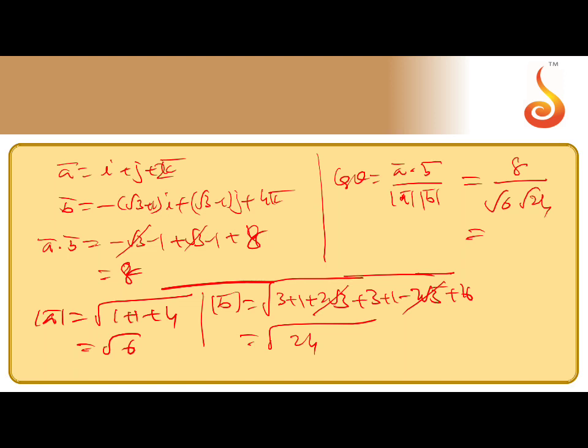Sorry, 1 minute. Here minus 2 plus 8, so this is 6, sorry. So this is 6 by this one. The root 6 also cancels. Root over 6 by 24. Cos theta equal to 6 ones.